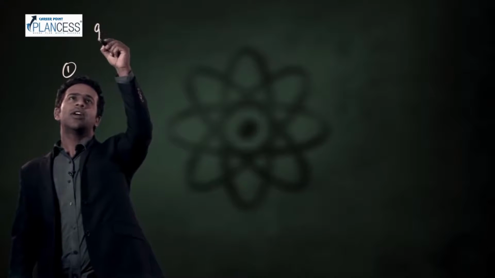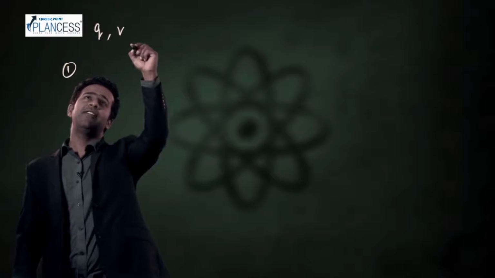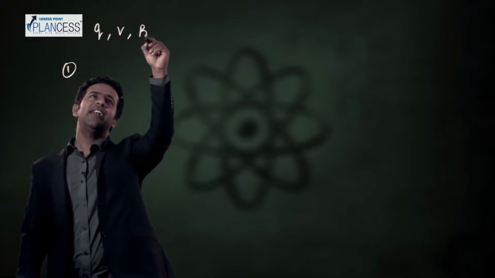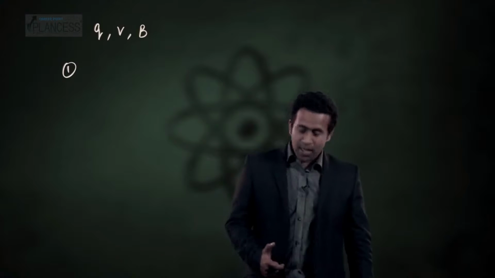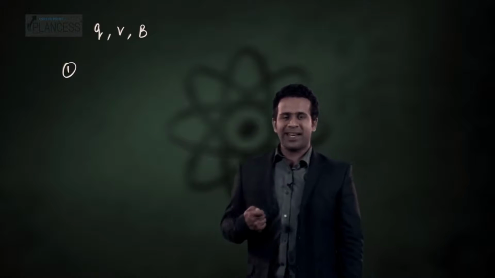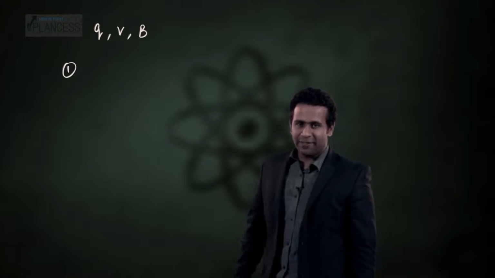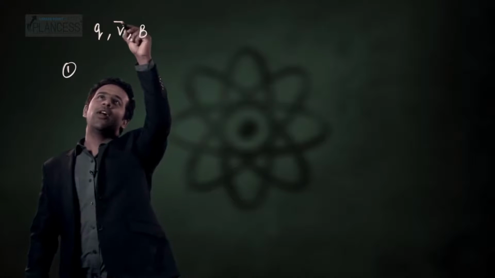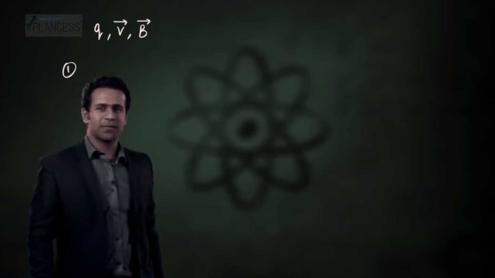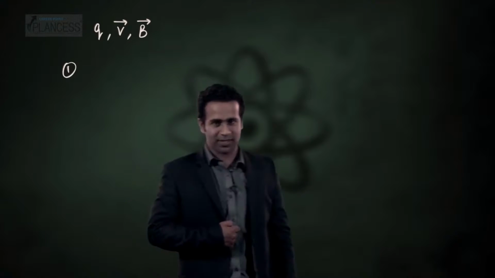So, if a charge Q is moving with a velocity v through a magnetic field which is B. Now, I'm going to represent velocity and magnetic field by vectors. We had said that we'll not involve this, but in this case, let's just briefly discuss this.